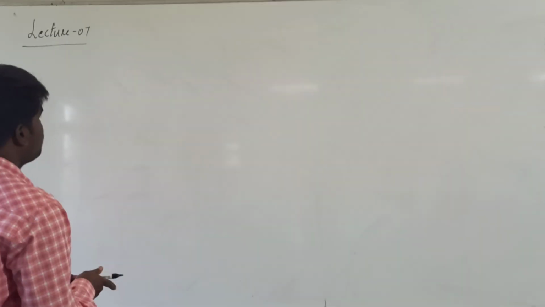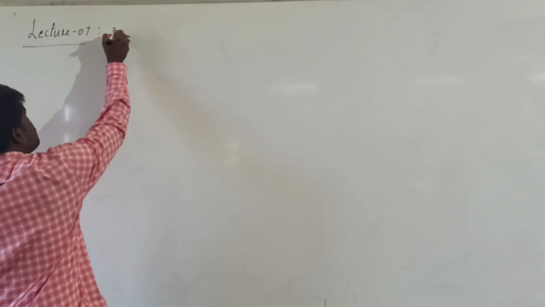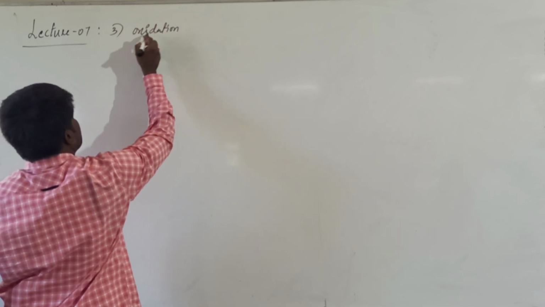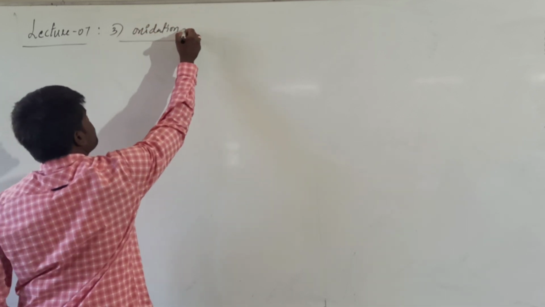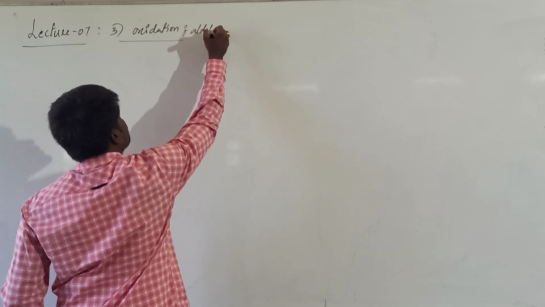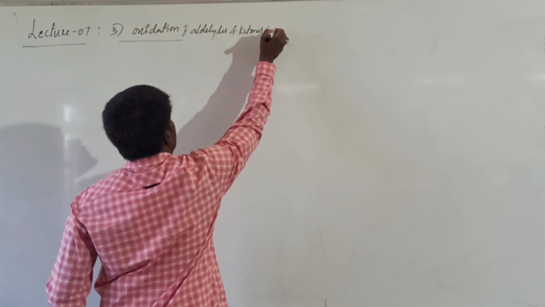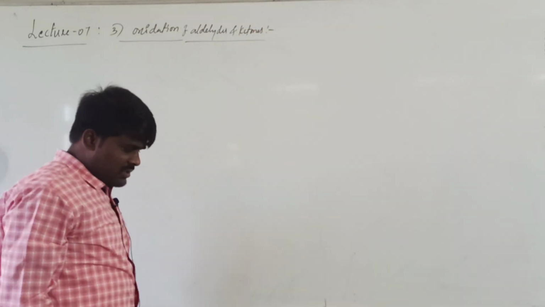The second type of reaction was reduction, and we go to the next type of reaction, that is oxidation. The third reaction of aldehydes and ketones is oxidation. This is also important.